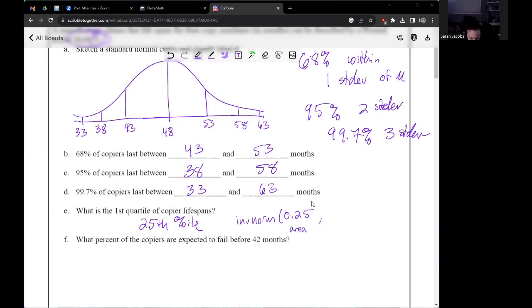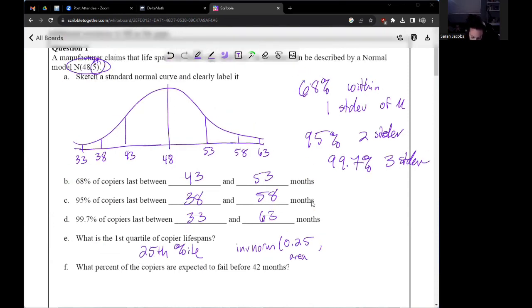The mu, since we know the mean and standard deviation, we're going to use those. So mean and standard deviation. Now we have our area, our mean, and our standard deviation.